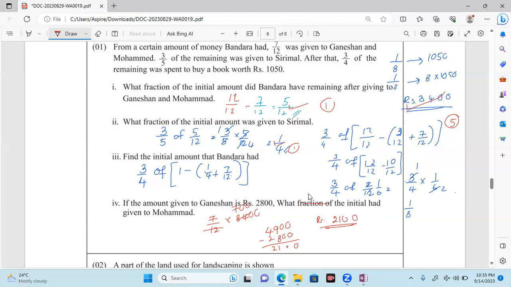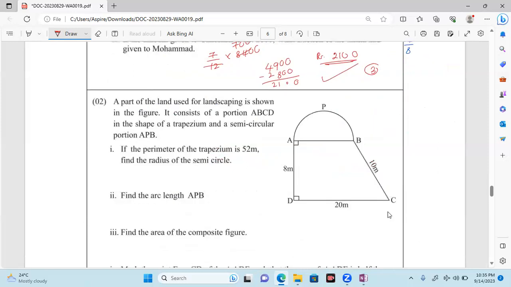Not what fraction actually, what amount of the initial had given to Muhammad. Okay, this 2,100. For finding this one, you are given 3 marks.